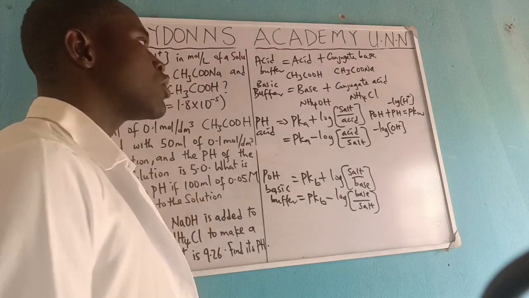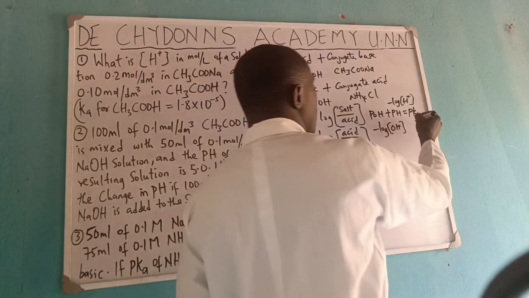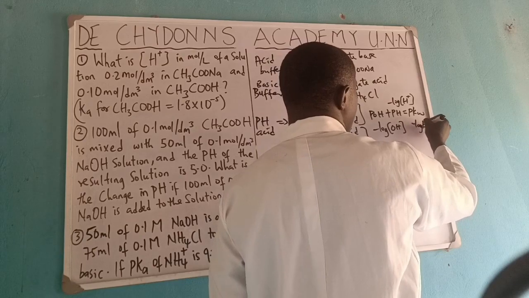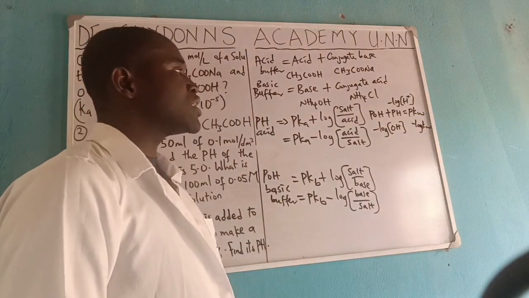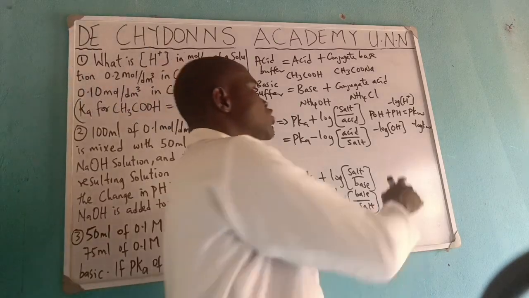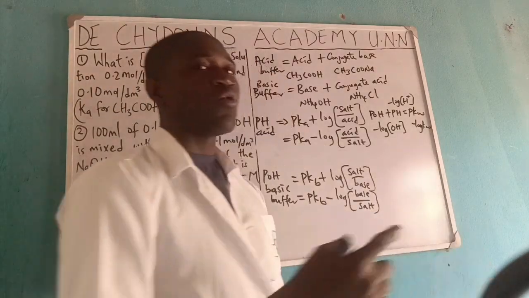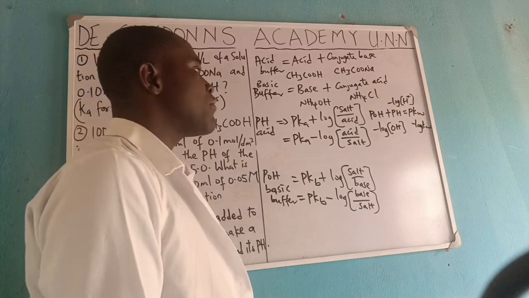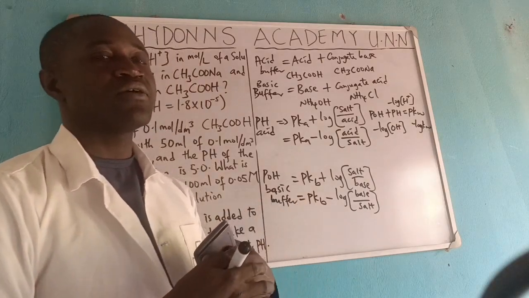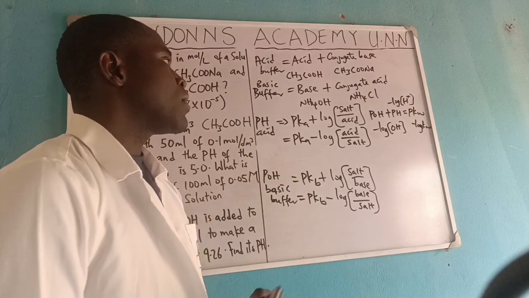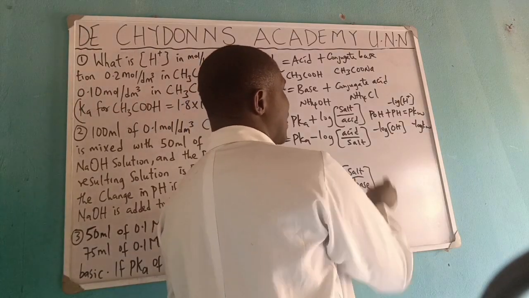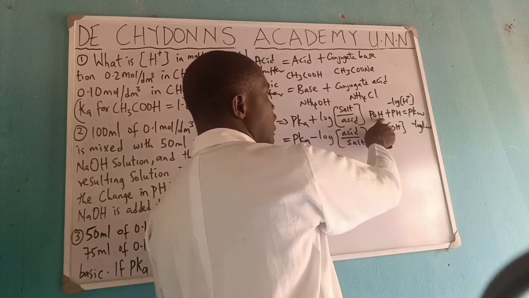Then pKw is also minus log of Kw, the ionization constant of water. All these things come from the topic of ionic and chemical equilibrium in chemistry. So I want you guys to note that minus log of OH means pOH.